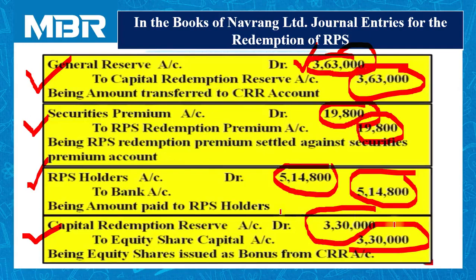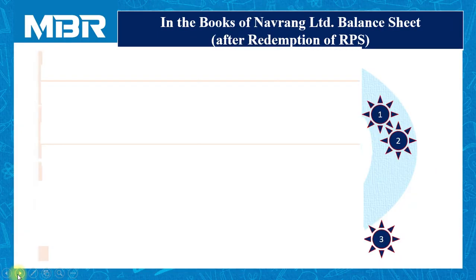Now, after the discussion of journal entries in the books of Navrang Limited, let us move to the second part of our answer, which is preparation of the balance sheet in the books of Navrang Limited. Don't forget that we have to prepare our balance sheet after the process of RPS redemption.